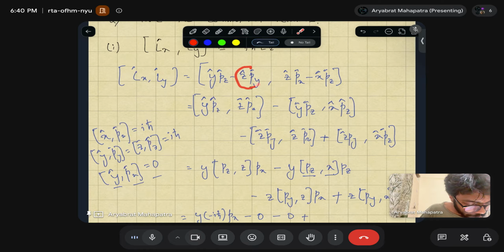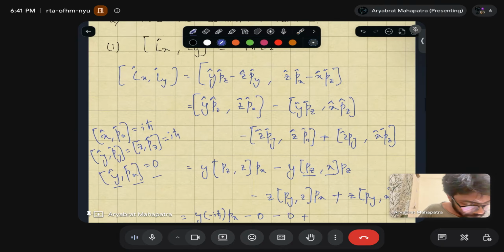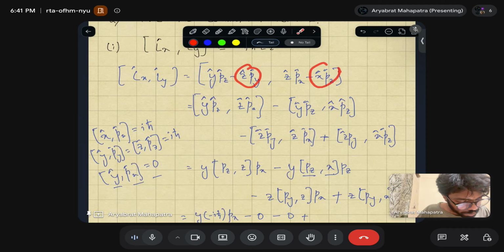I have ZPY here and I have ZPX here, so I'm just grouping these two terms right here. That is okay, sir. That is why I have written ZPX. And if I group the last two terms ZPY and XPZ, this will give me this.